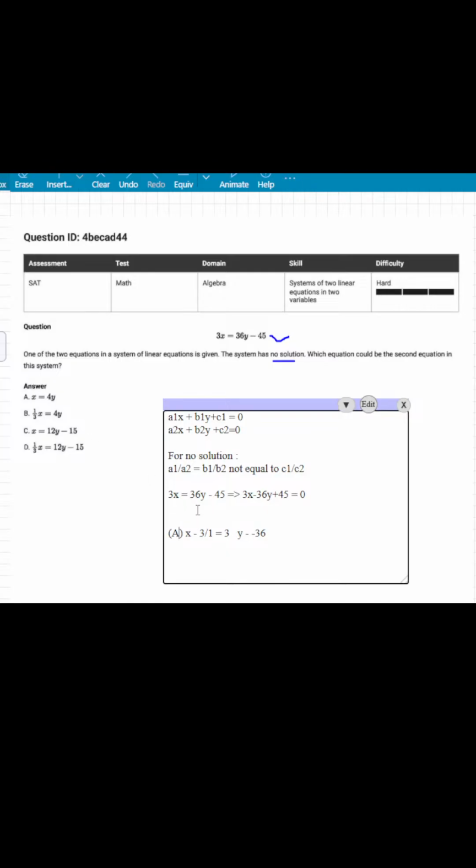Option A, let me write it here, to bring it into the standard form where we have all the coefficients on the left hand side.